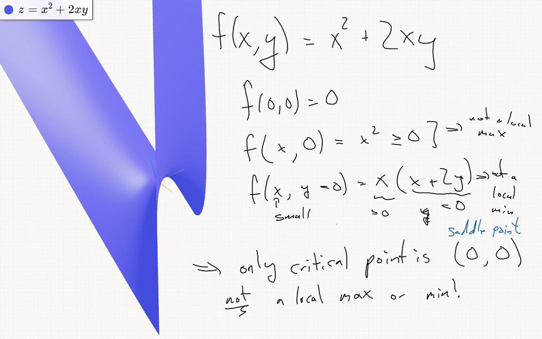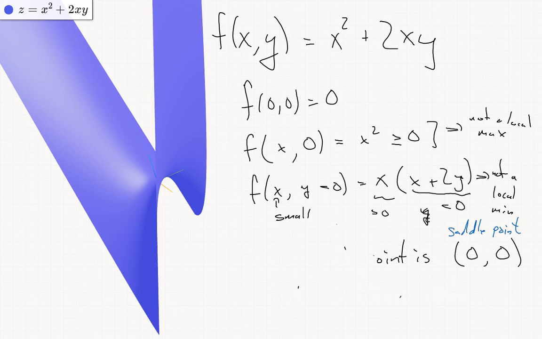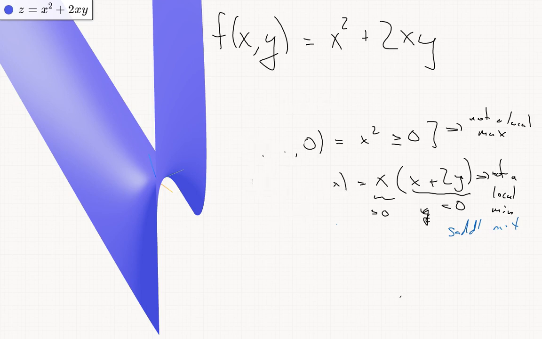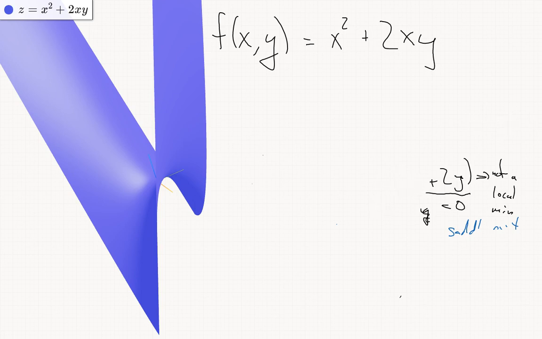So here this was sort of a direct way of seeing this. We can also see this using the Hessian, sort of the systematic way of doing this. So the Hessian, first let's rewrite.